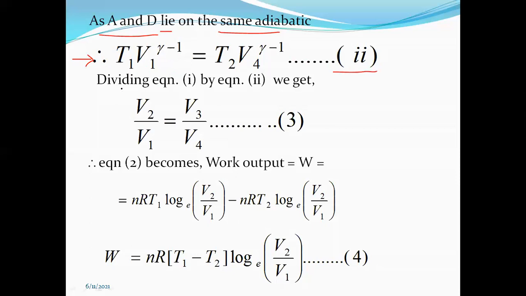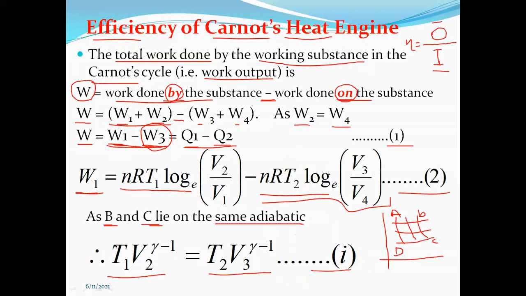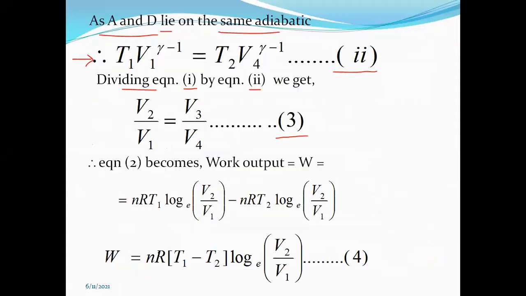Now dividing the first sub equation by the second sub equation, we get V2 upon V1 is equal to V3 upon V4. This is the third equation. So here, T1 V2 raised to gamma minus 1, the LHS of the first sub equation, is equal to the LHS of the second sub equation, T1 V1 raised to gamma minus 1.